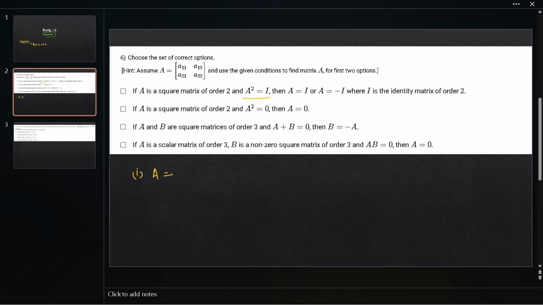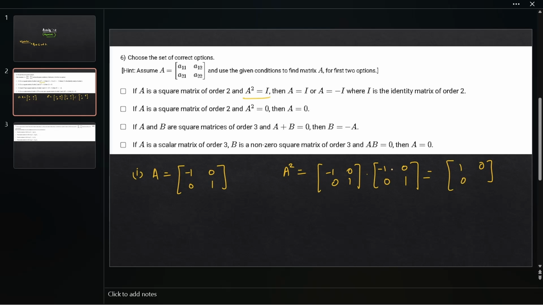If we look at a matrix like this, [-1, 0; 0, 1], and now try to calculate A square, A square in this case is [-1, 0; 0, 1] times [-1, 0; 0, 1]. Taking the product, it's going to be -1 times -1, that is 1, plus 0 times 0, that is 0. -1 times 0 and 0 times 1, all is going to be 0. 0 times -1 and 1 times 0 is going to be 0 again. 0 times 0 plus 1 times 1 is going to give you 1.